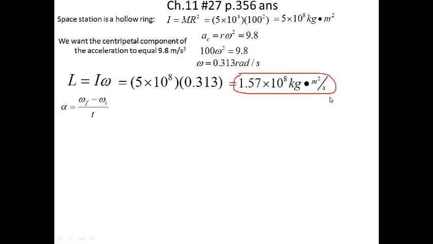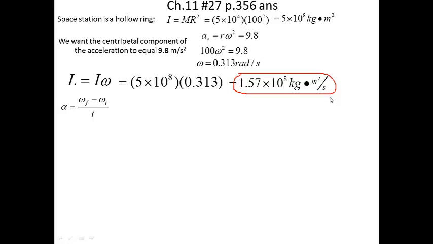Okay, so part B asks us, how long will it take for the 2 rockets to get it up to that acceleration? The first thing we need to do is figure out some expressions.